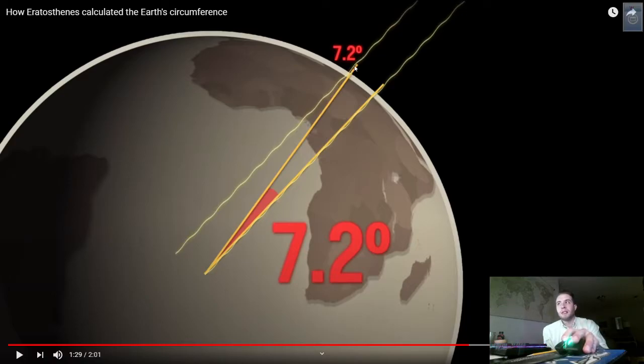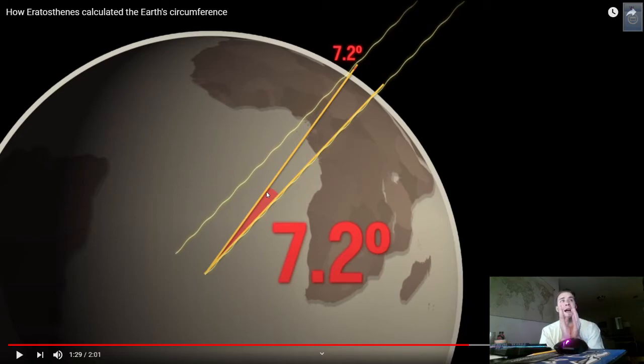So from the shadow, it's 7.2 degrees, and if we extend the sun rays infinitely through the Earth, we know that this one should go straight down to the center, and this one's going to have an angle. So opposite interior angles says that's a 7.2 degree angle created between these two sticks that are in Egypt.